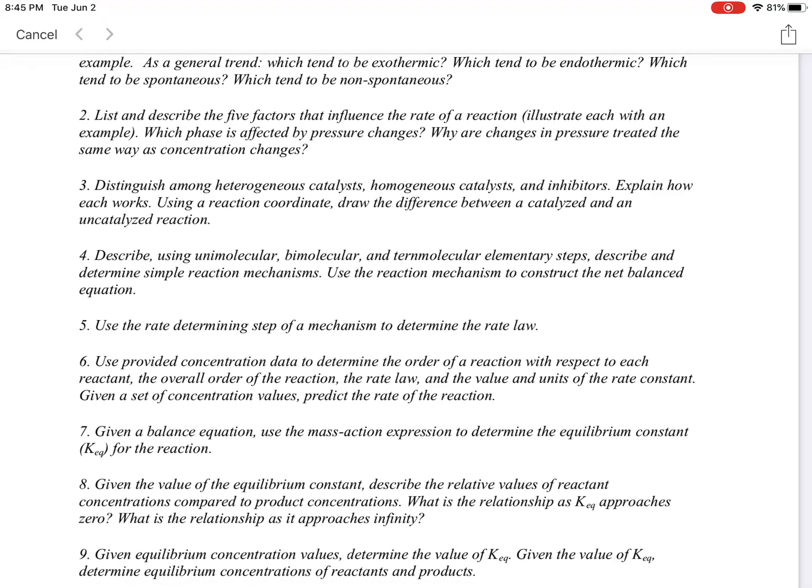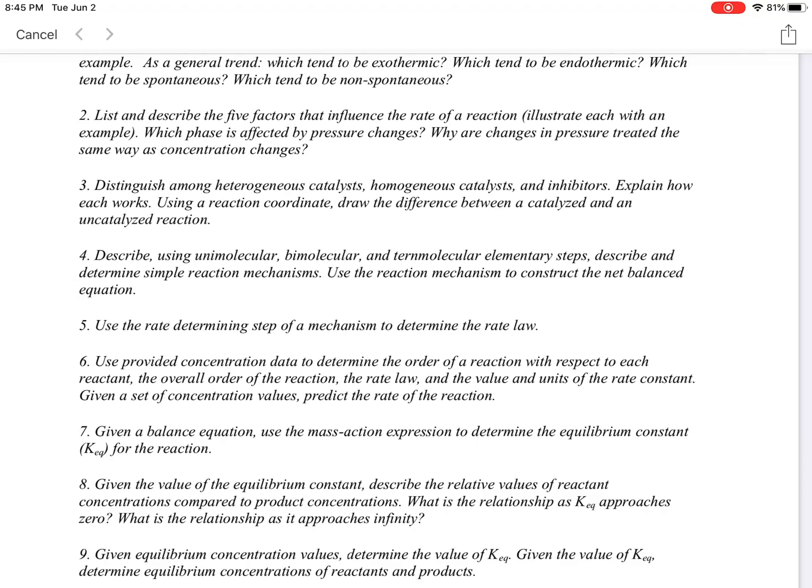3, again, the 2 different types of catalysts, heterogeneous and homogeneous, and inhibitors as a 3rd type of chemical, and then going back to that energy diagram and knowing the parts of the energy diagram, being able to recognize which one represents a catalyzed reaction and which one's not.